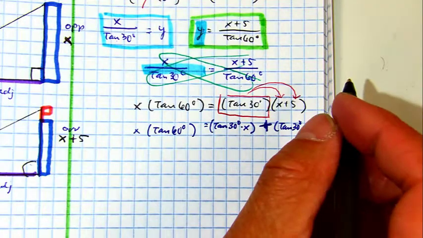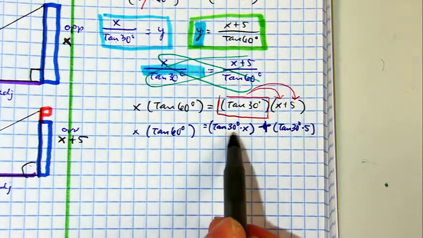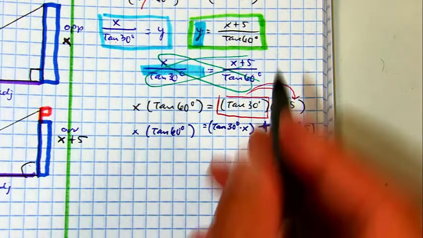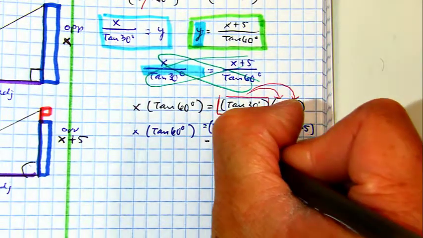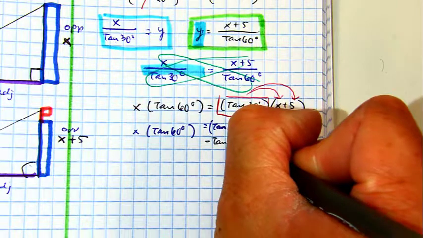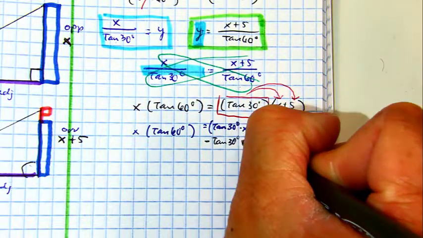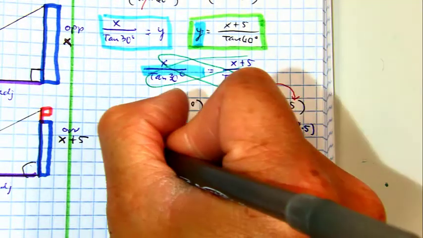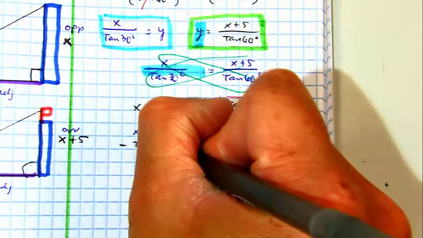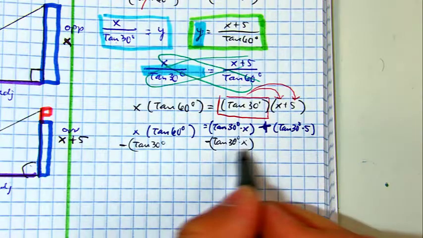Alright, I'm going to subtract this term to the other side. And what I'm doing here is I'm getting the x's together. They were a lost couple, and now they're getting back together. Is that nice? So what I do to one side, I'm doing to the other.